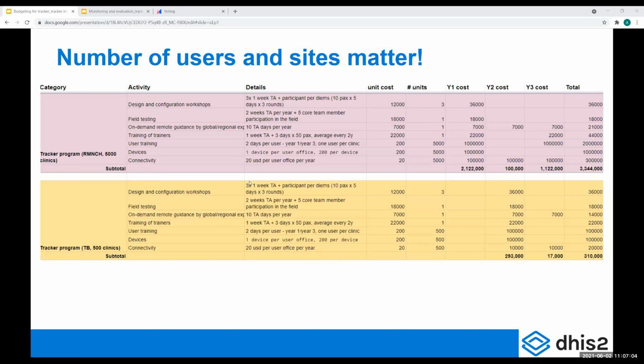So I put two different examples here. The pink one is a tracker program for RMNCH, for mother and child health, in 5,000 clinics. Everyone is doing mother-child health, lots of babies being born, big country maybe. You see here we've factored in some design and configuration workshops with 3 weeks of TA from a DHIS2 expert, some participant per diems.